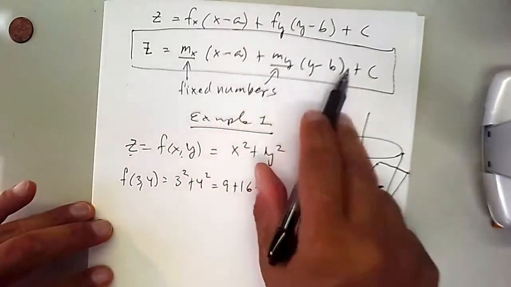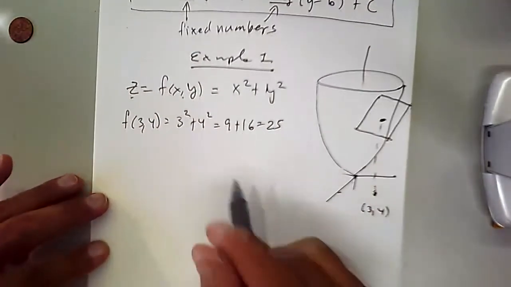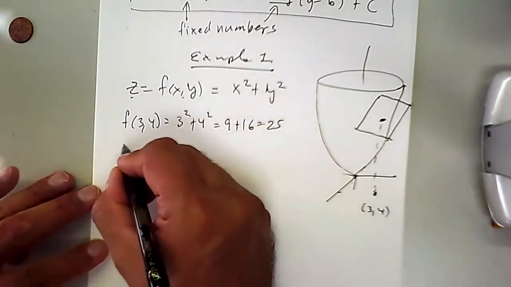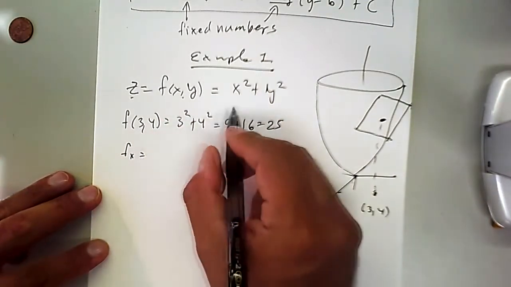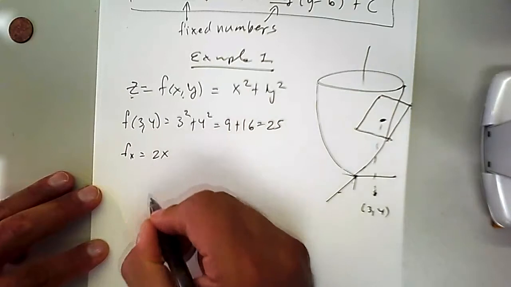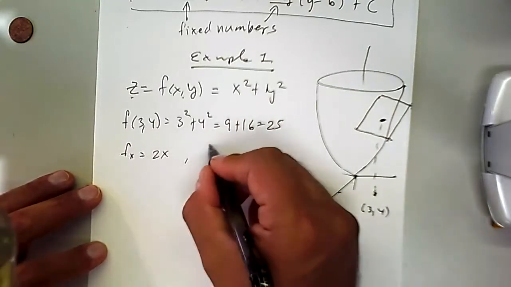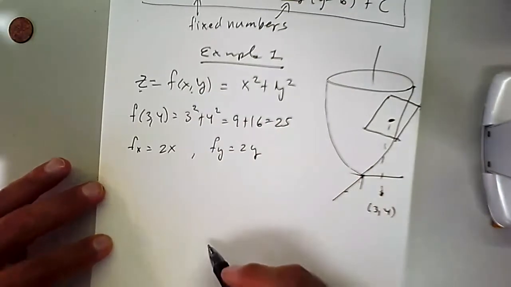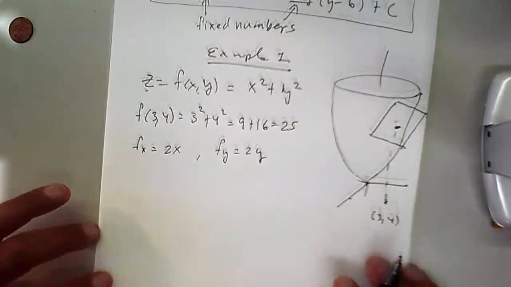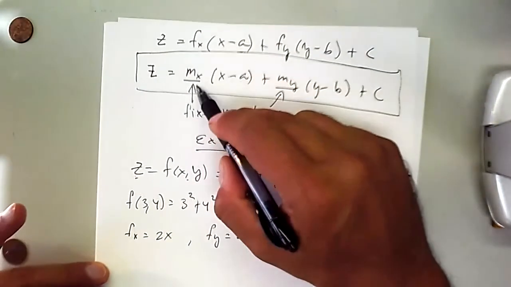We're going to use this formula up here. So go back to f, find the derivative with respect to x, which is 2x. Find the derivative with respect to y, which is 2y. That was symmetric. And here's where I'm making the distinction between f sub x and m sub x.